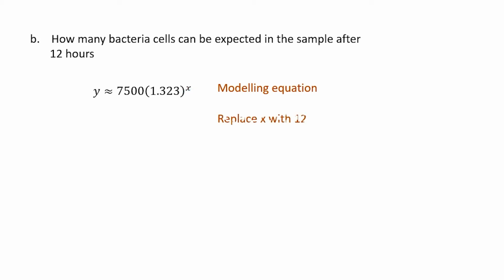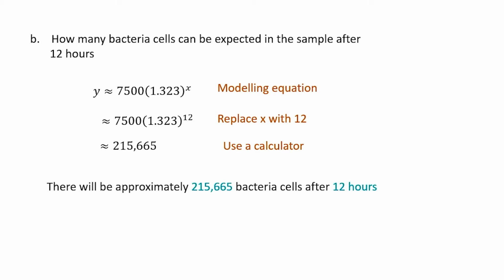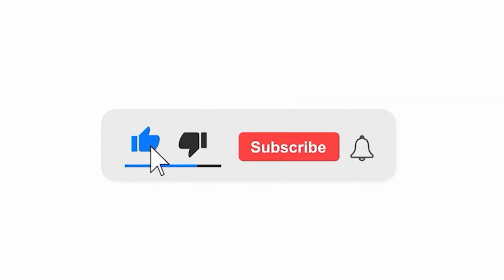So let's insert 12 into x and type it into the calculator. We get this. This means that after 12 hours we get approximately 215,665 bacteria cells.